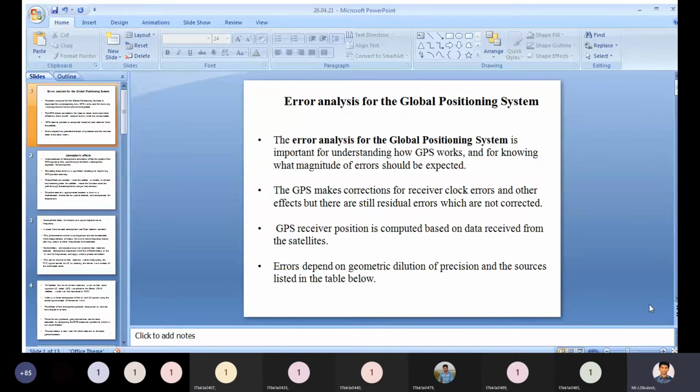The error analysis for the global positioning system is important for understanding how GPS works, and for knowing what magnitude of errors should be expected.